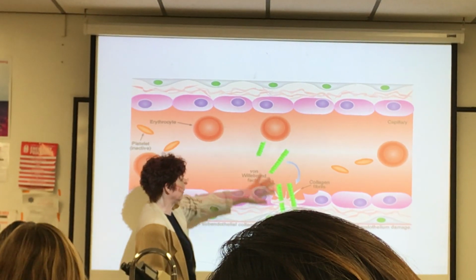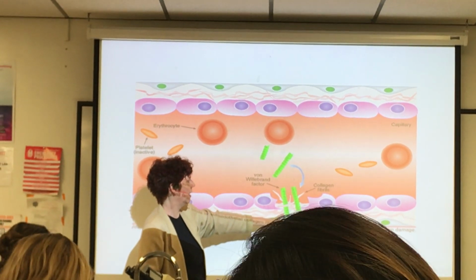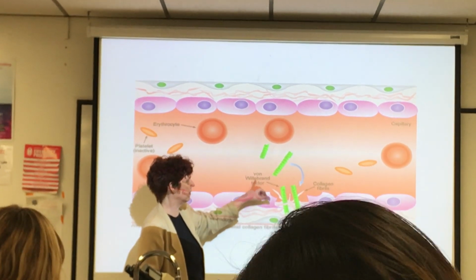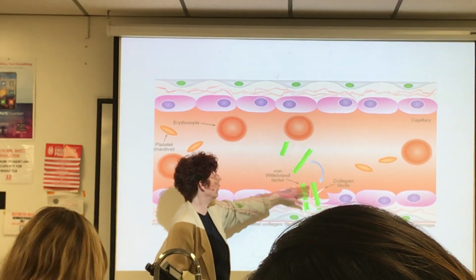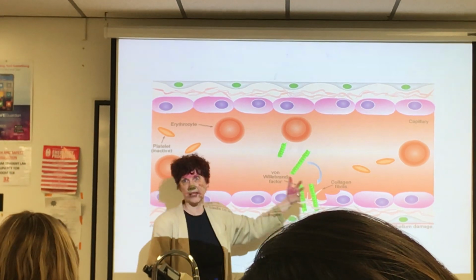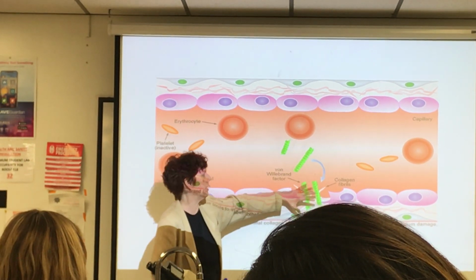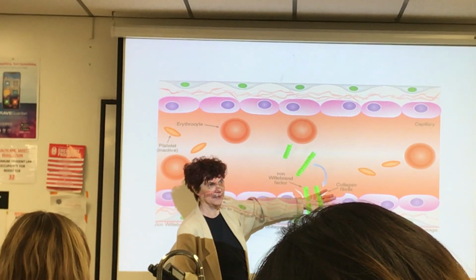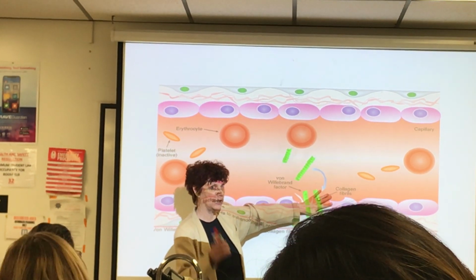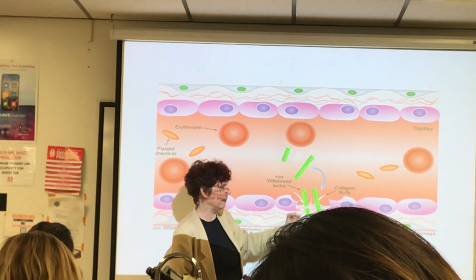So here's our blood vessel, here's the damaged lining, exposing collagen, all right? And this von Willebrand factor will attach to the collagen, which further attracts platelets, and then you get the platelets becoming sticky. And those might even close off this opening and limit blood loss. But a platelet plug, in reference to the last slide that we had, is not a clot, all right?